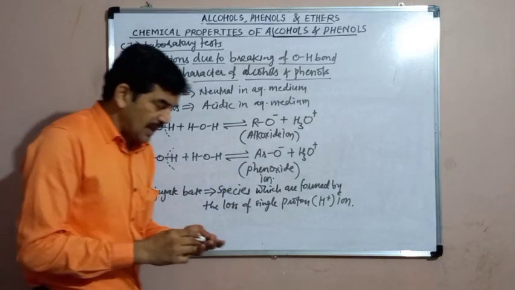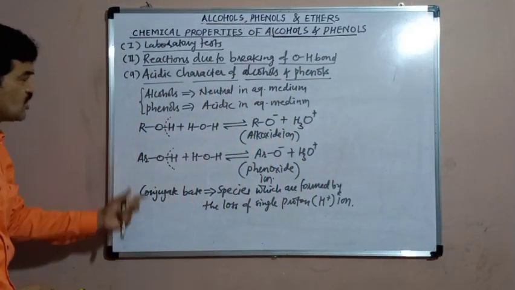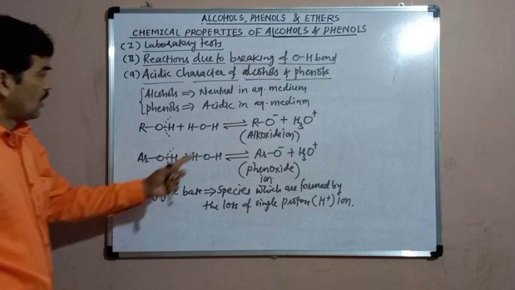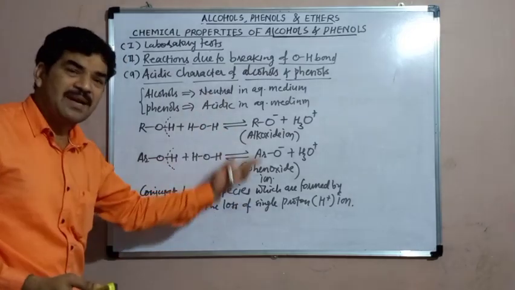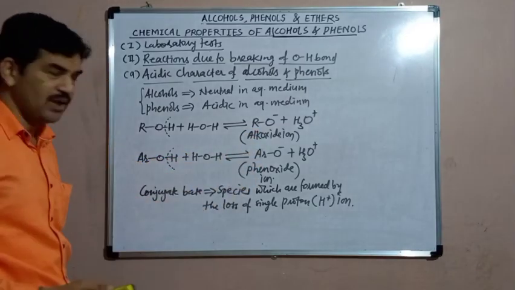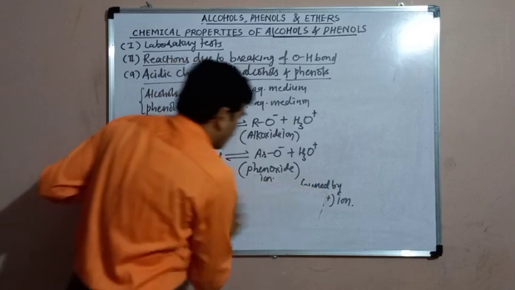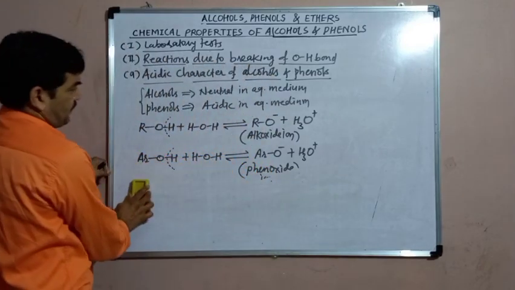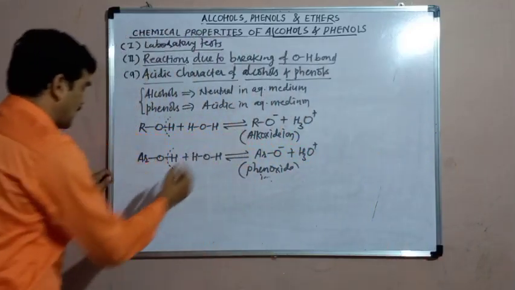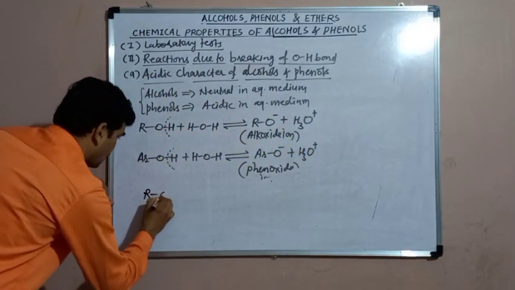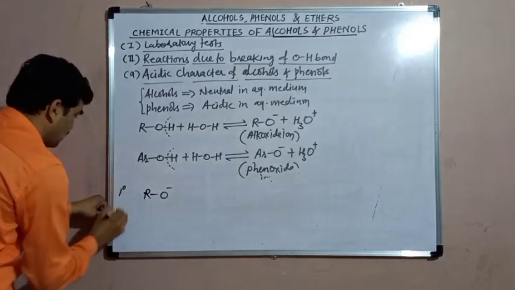Now here, the acidic character can also be explained on the basis of the stabilization or destabilization of the conjugate bases due to some electronic effects. Now the electronic effects which occur in the alkoxide ion. This is the alkoxide ion, RO negative, which is produced from a primary alcohol.